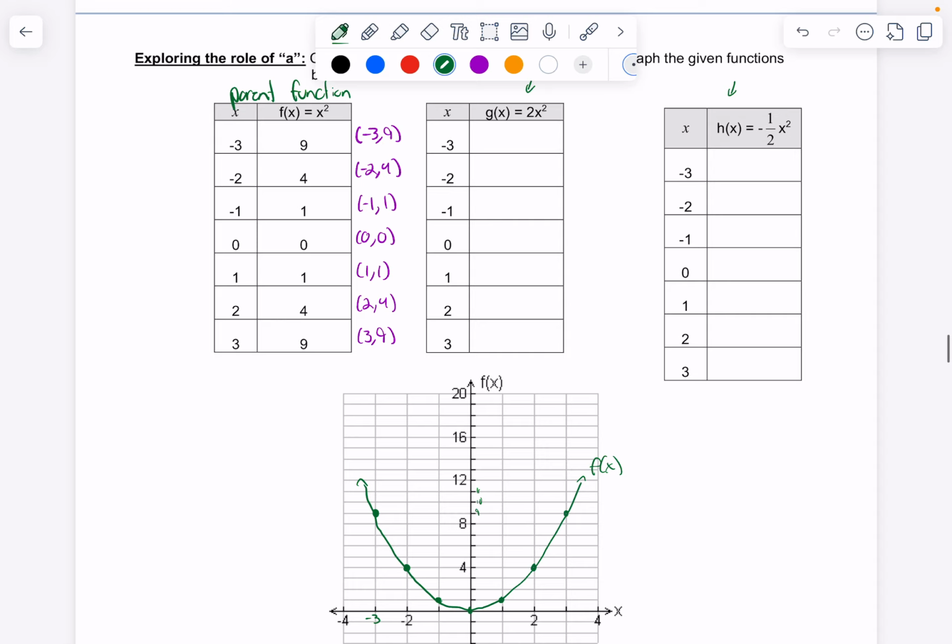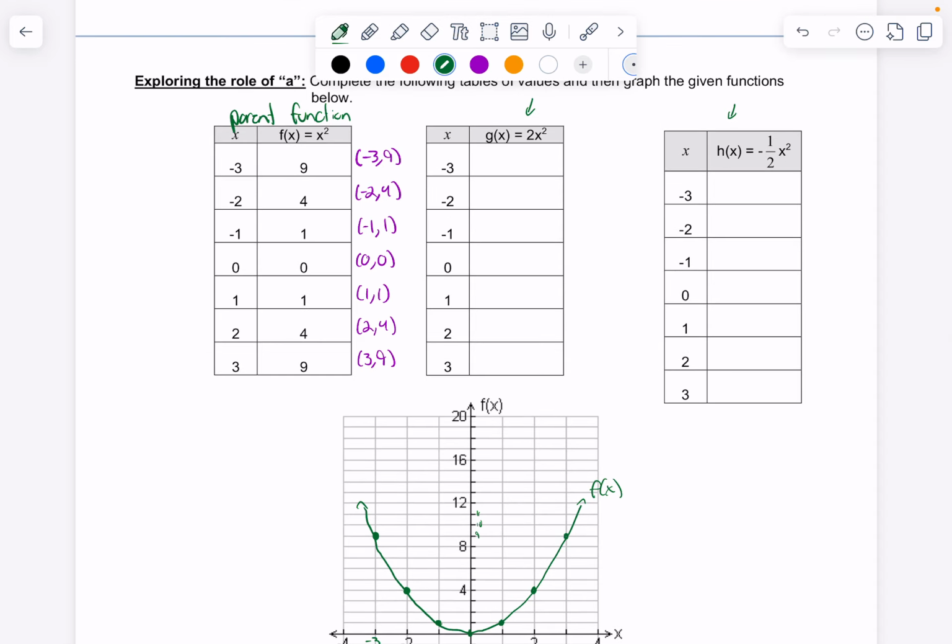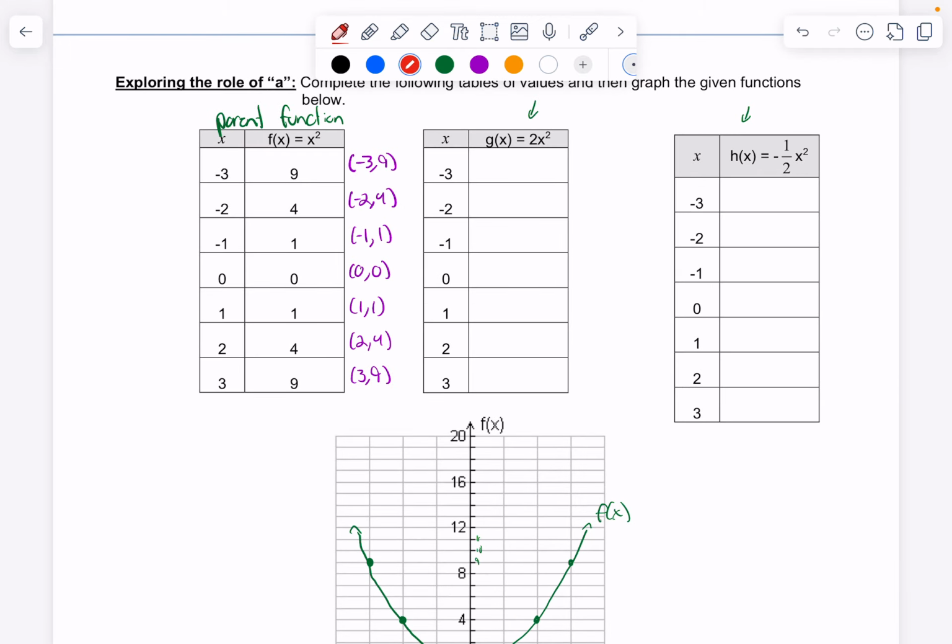So now our goal is to plot g of x and h of x. Let's do g of x in red. Mathematically, this A value right here is 2 multiplied by x squared. So do the x squared first, then multiply by 2 for all of these given x's. We're evaluating g at -3.